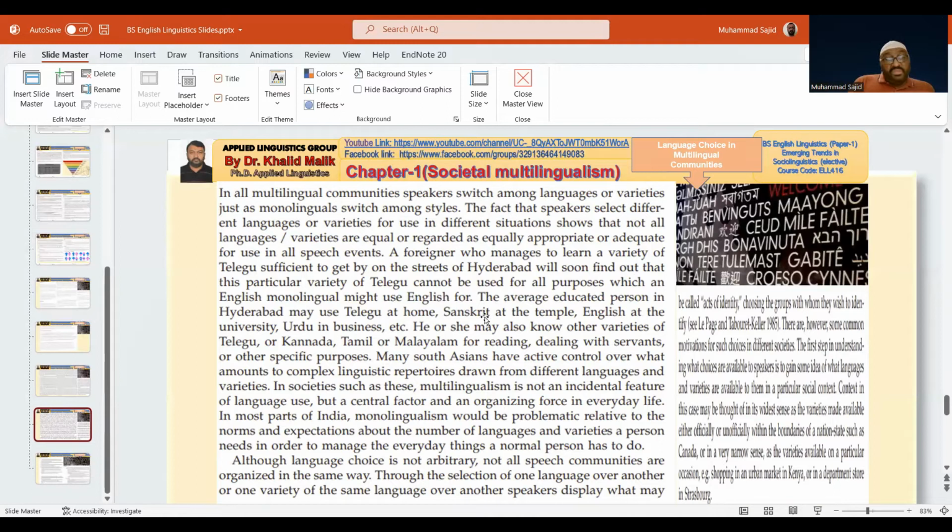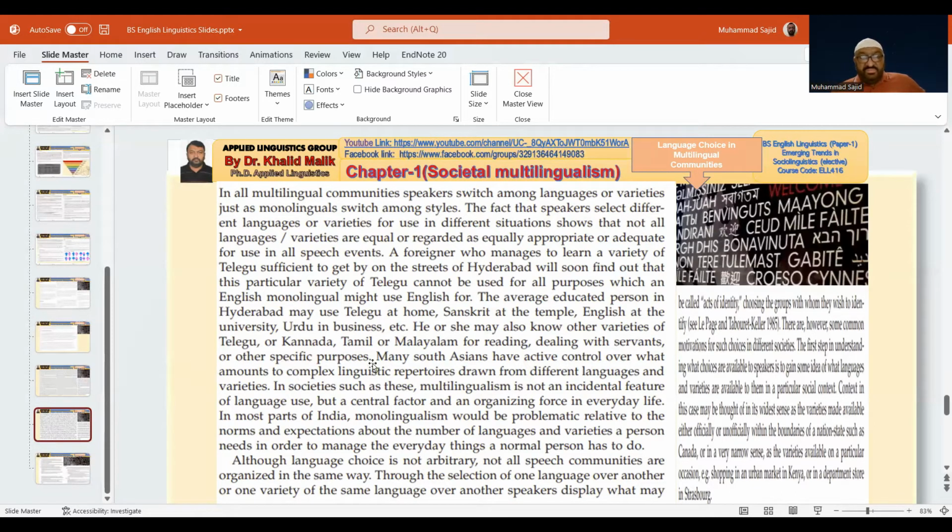The average educated person in Hyderabad may use Telugu at home, Sanskrit at the temple, English at the university, Urdu in business, etc. He or she may also know other varieties of Telugu or Kannada, Tamil, and Malayalam for dealing with servants.